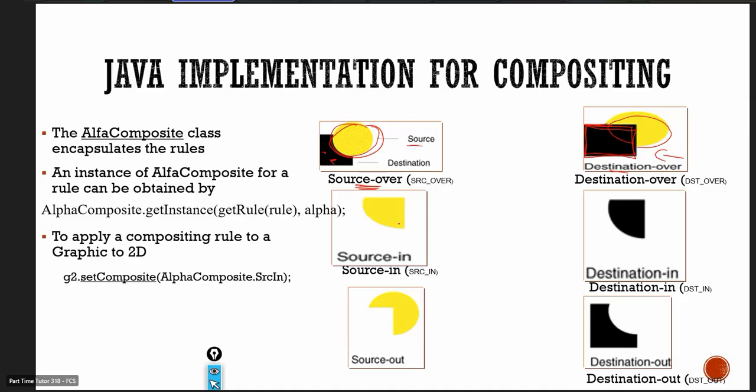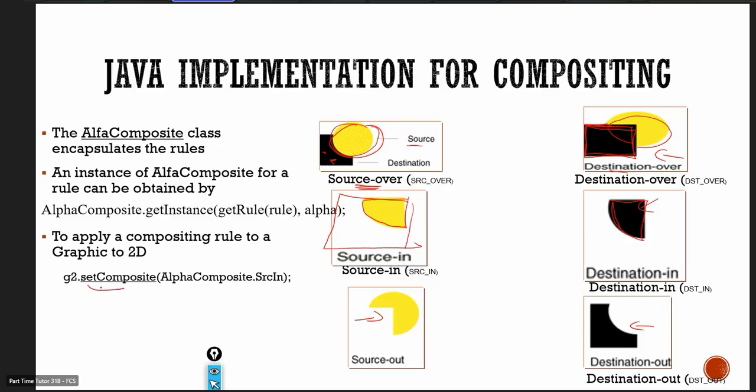If you make source in, it shows the part of the source that is in the destination. So here the destination is here, and it will display only this part. Here we have destination in, the part of the destination that is in the intersection. Here we have the source out, here we have the destination out, etc. Okay, so now how do we select one of these options? We can select the composite.